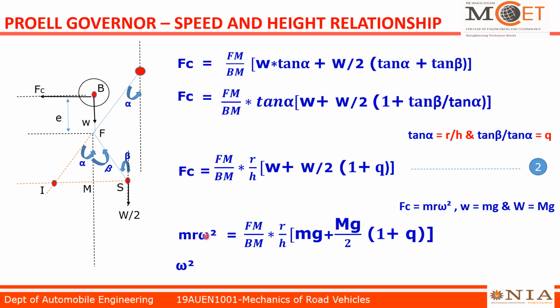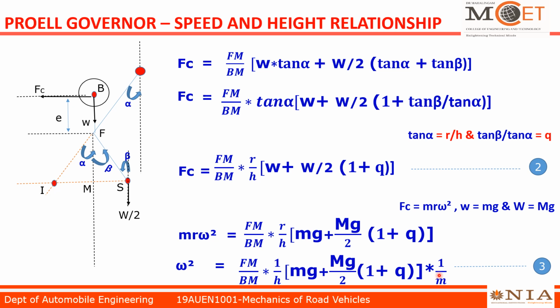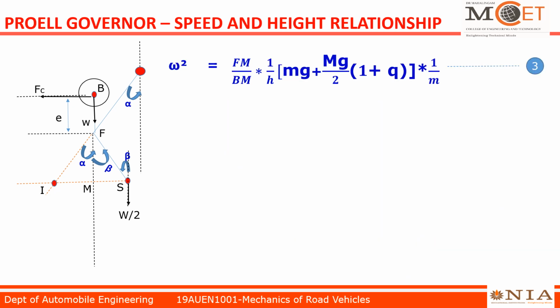And if you bring m r to right side, because we need to find the speed, that is rpm of spindle or governor, I just keep omega squared in left side, we get Fm by Bm into, if you bring m r here, r and r striked out, so that 1 by h, 1 by m, I just split that into the equation, mg plus caps M g by 2 into 1 plus q. This is our equation number 3.